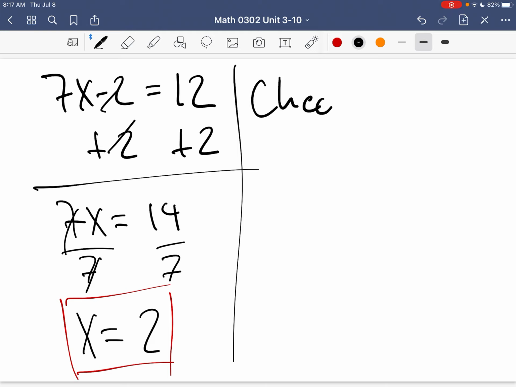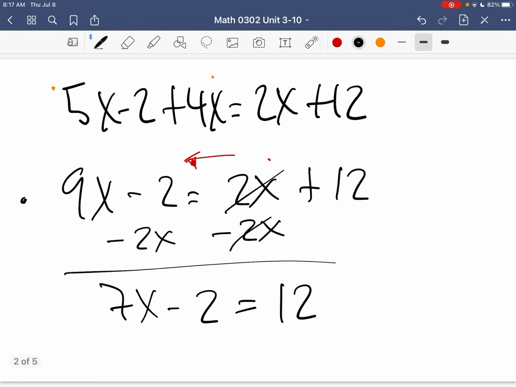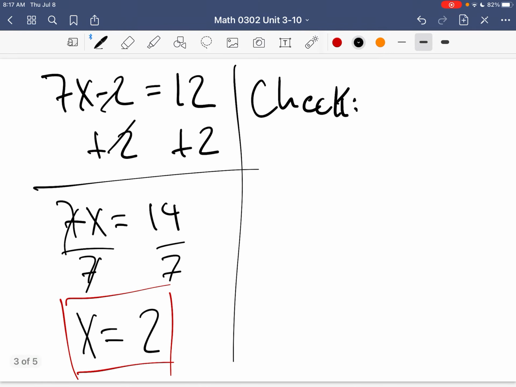The last thing we want to do is check to ensure that this is the solution to the original equation. Here was the original equation, 5x minus 2 plus 4x. Wherever we see the x, we'll plug in a 2.